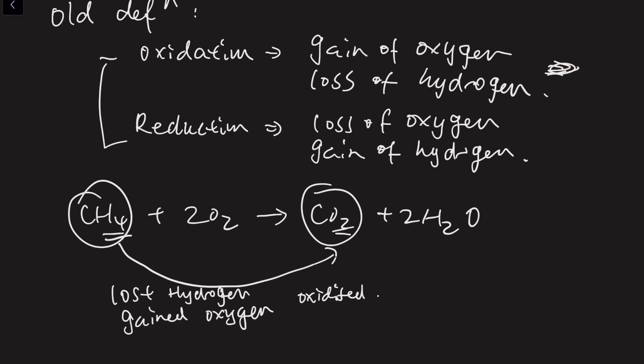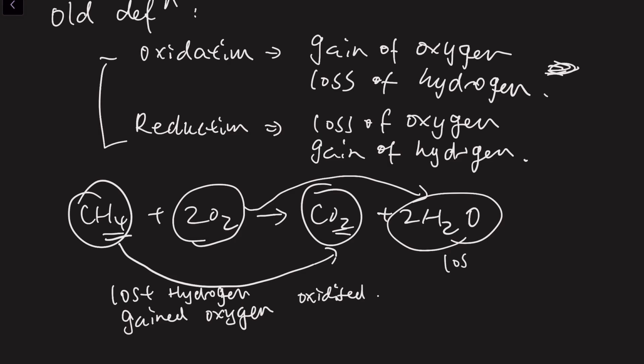Now we look at the oxygen gas. So oxygen gas have lost one oxygen and gained two hydrogen. So following on this definition, it is getting reduced.